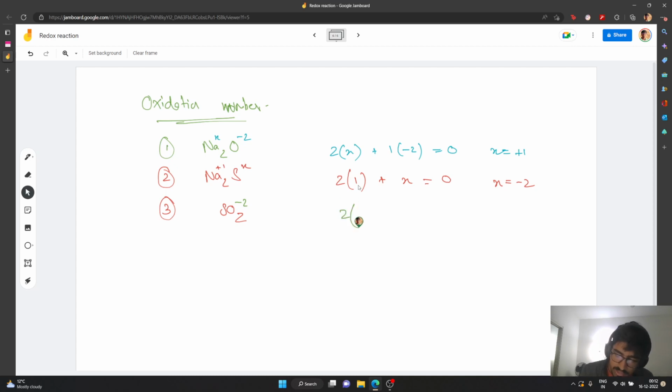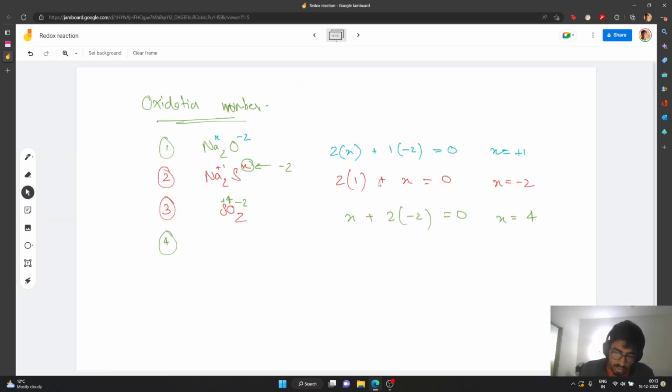Again, if we assume X, then X plus 2 times -2 will be equal to 0, then X is equal to 4. So you can see that in this case, this S has an oxidation number of -2, and this S has an oxidation number of +4 here. So the same element can have different oxidation numbers when it's combined differently, right? So let's keep going.